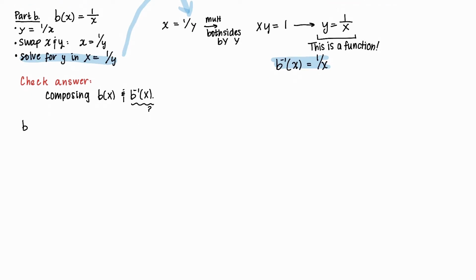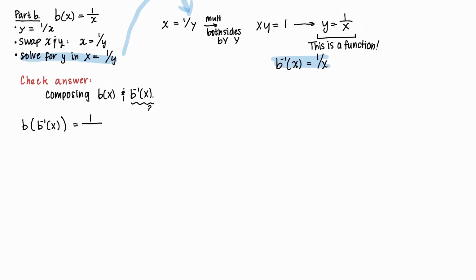So b of b inverse of x is going to be 1 over b inverse of x, which is 1 over x.